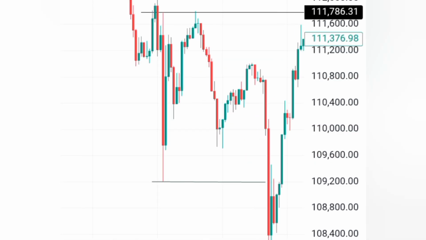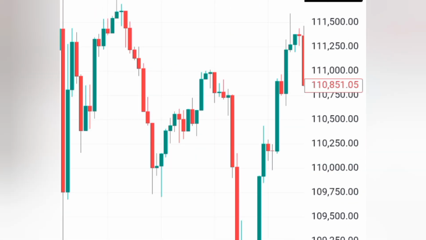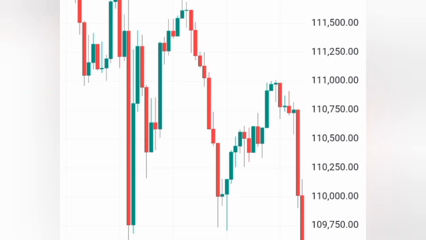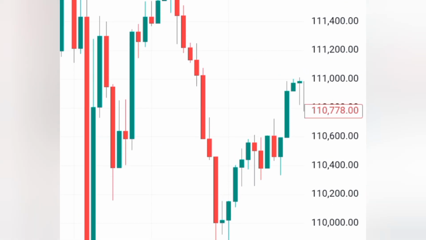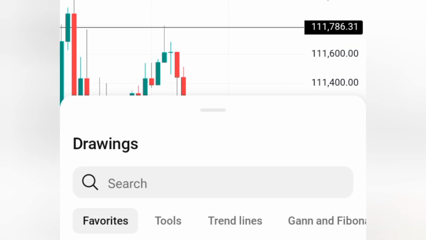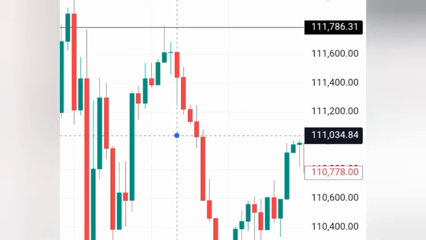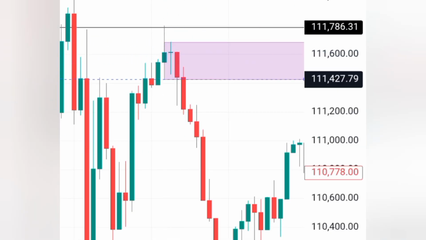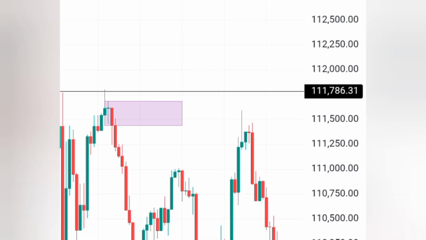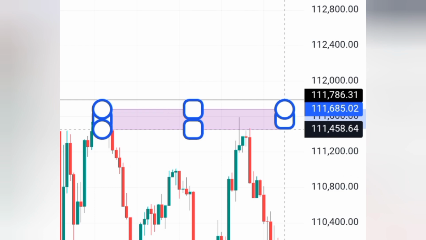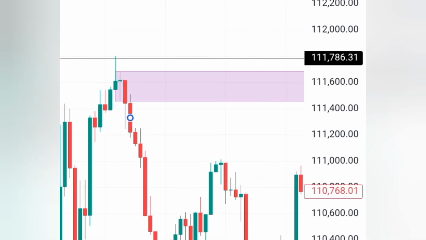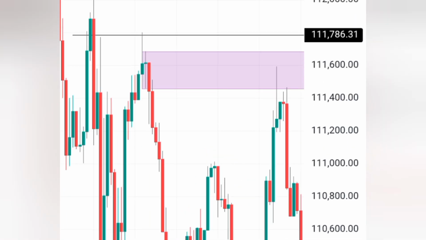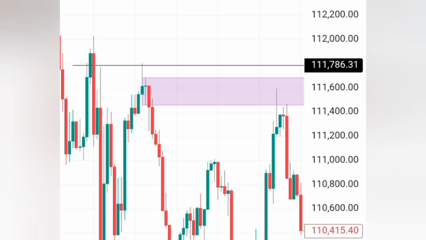So when the market broke there, we always have to look for the order blocks and fair value gaps. First, here we have this order block right here. I taught this. You can go and watch the videos in the description. So there was an order block right here that we would mark. Then you ask, is there any fair value gap?